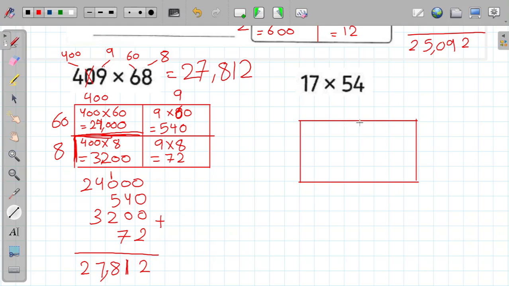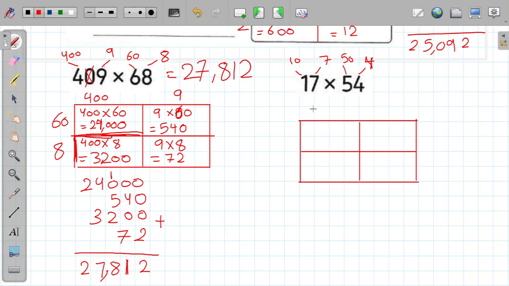I have 4 digits, so I will cut it into 4 parts. Next I have here 10 and 7. Here I have 50 and 4.